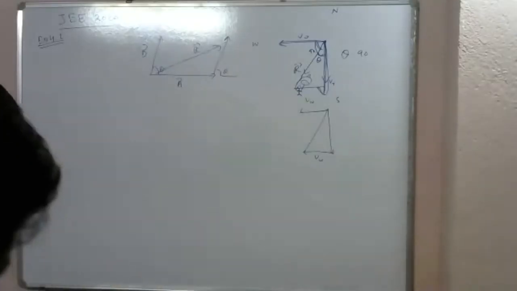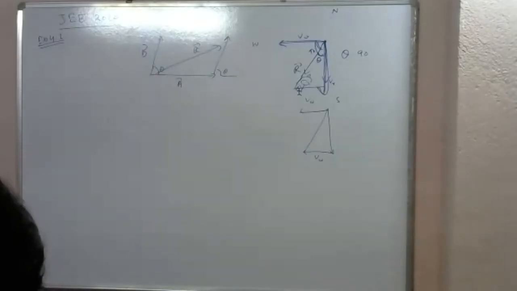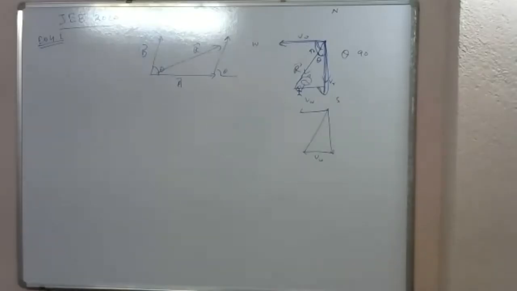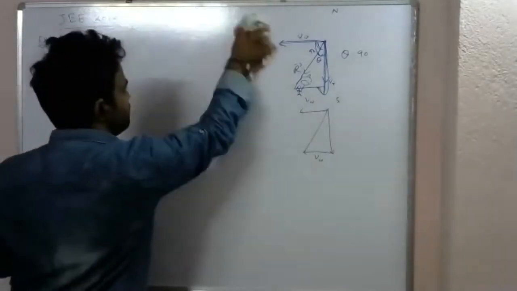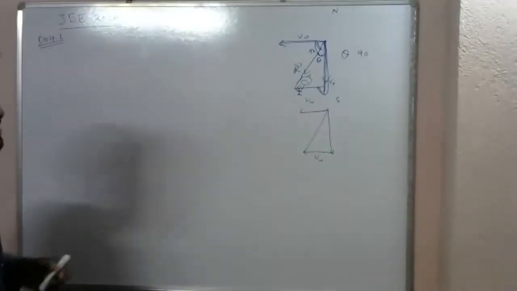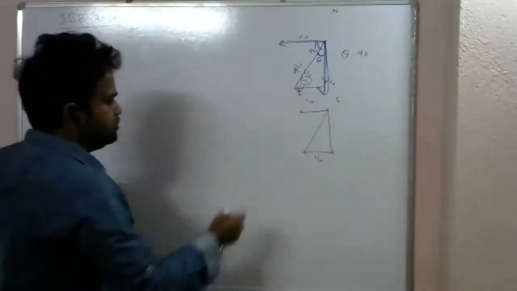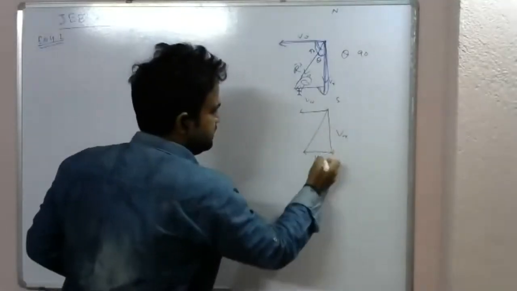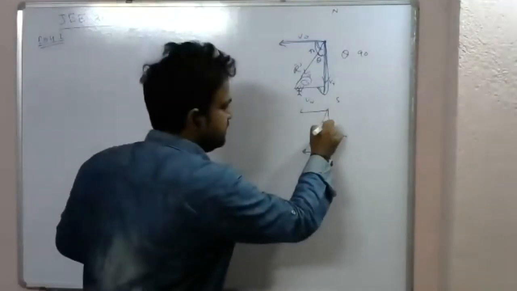Okay, I'll write a little bit bigger. So this is your final one. This is your V rain, this is your V wind, the velocity of wind, and this is your angle theta.